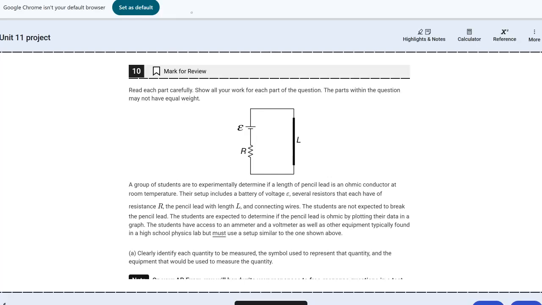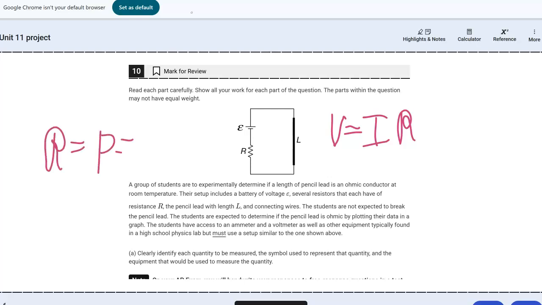Obviously we're going to need V equals IR, and then the resistance of a conductor, R equals rho L over A. I think that's everything we need.